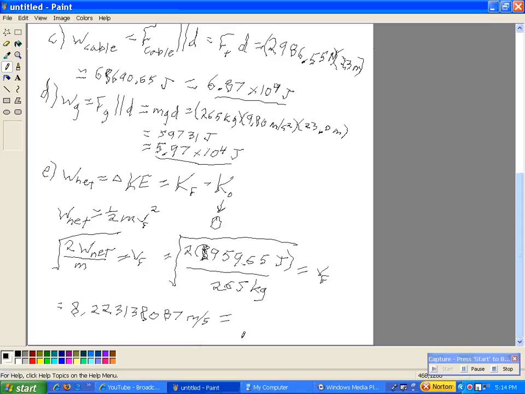And keeping in mind significant figures, there are 3 significant figures. It's 8.22 meters per second. And that is the final velocity of the object. Good job.